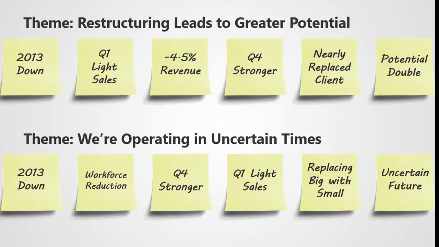That restructuring has led us to a lot of new customers that are currently not buying a lot from us. So there's a lot of great potential there. The theme on the bottom, hey, 2013 was a tough year for us, and our future is uncertain at this point. You need to know what your opinion is on the information so that you can then put your information in the right order.